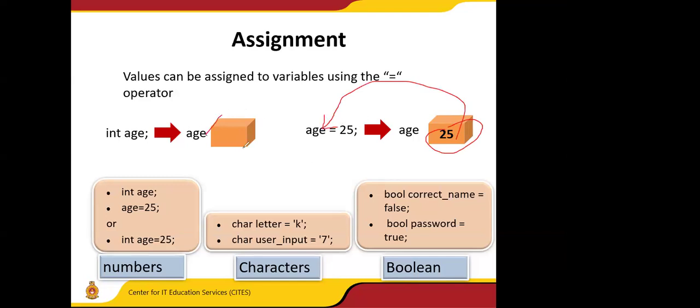Age is just a space, like a bucket. For this bucket, I'm going to add 25. That's all. We have int age 25. You can say char, and booleans true or false and stuff. That's what we are going to do here.